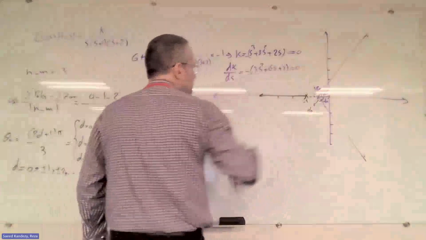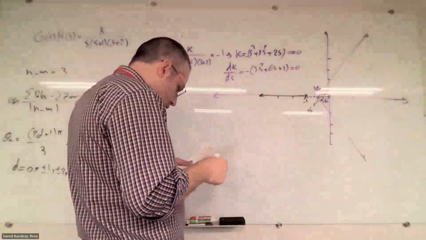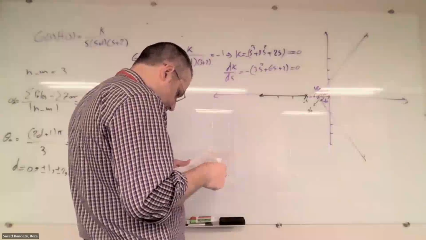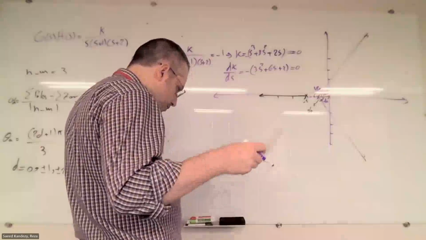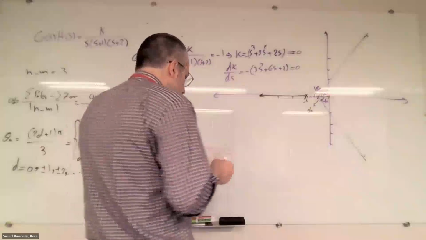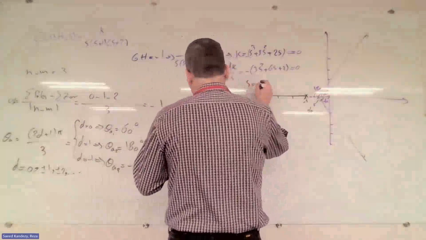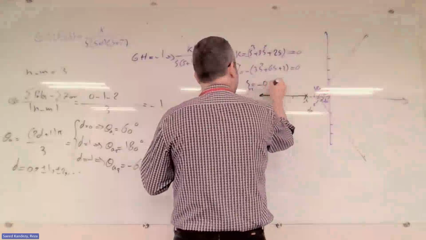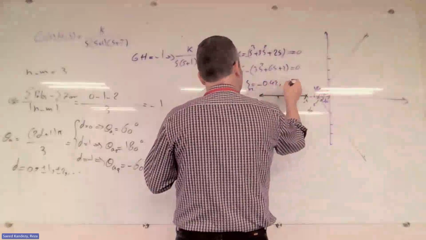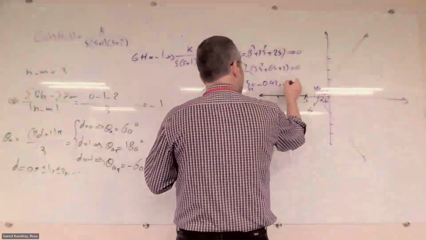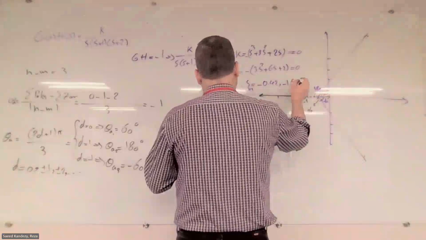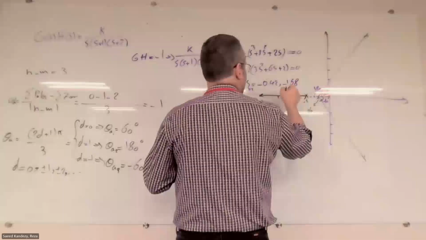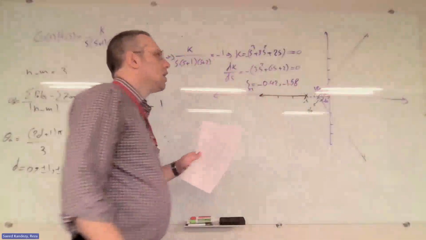So if I do that, what are going to be my s's? The s1 and s2 are going to be minus 0.42 and minus 1.58. Okay, one is min, one is max.